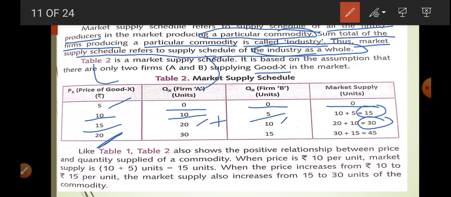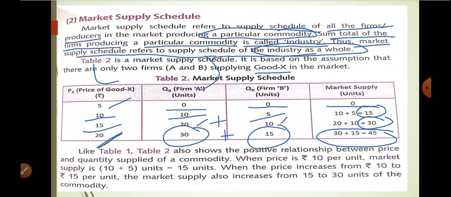If price is 20, firm A is ready to produce and sell 30x, and firm B is ready to produce and sell 50x. We considered only two producers, so at the price of 20 the market supply will be 45 by adding these two.